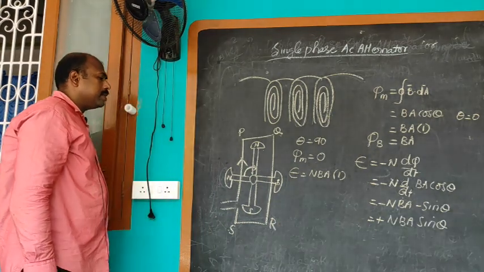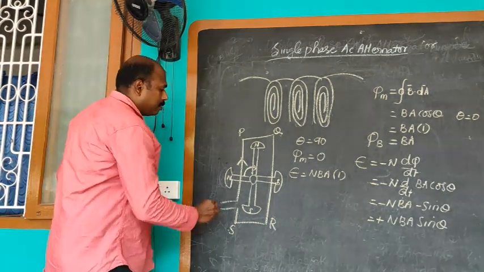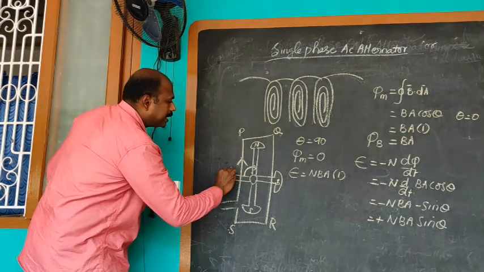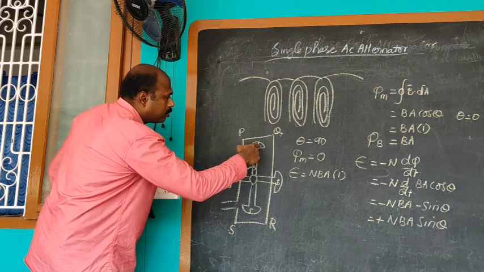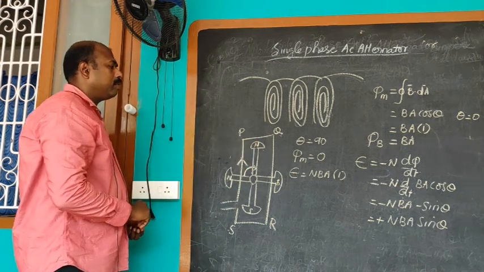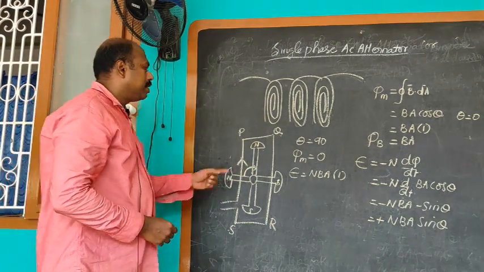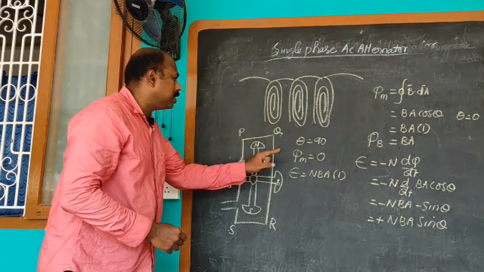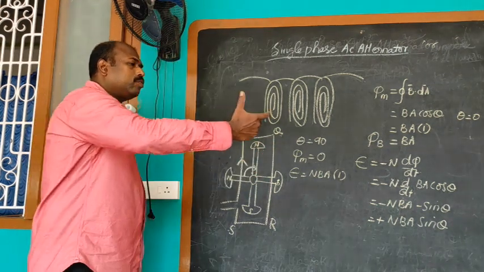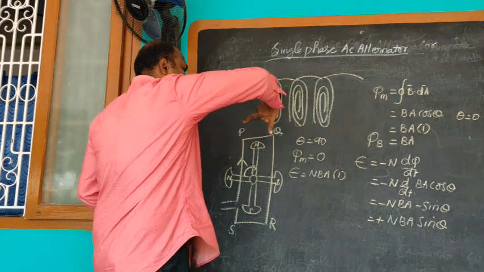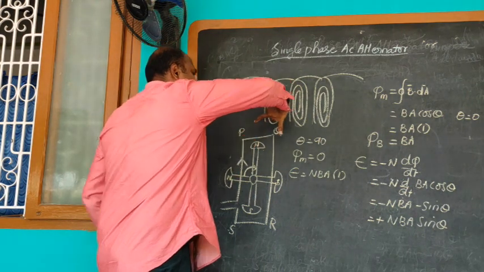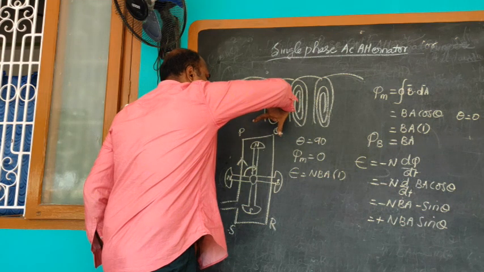Now consider that after the 90 degree rotation, it comes to this position. What happened? You are applying the force in the downward direction. The thumb points the direction of the mechanical force applied.